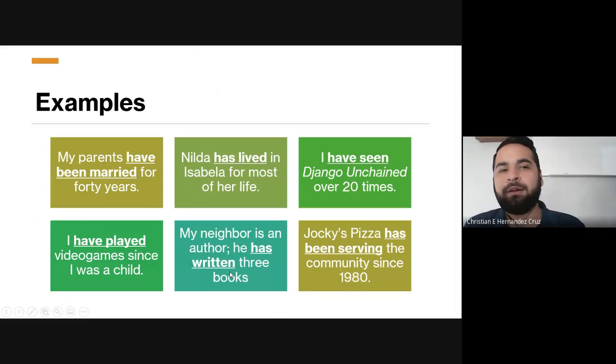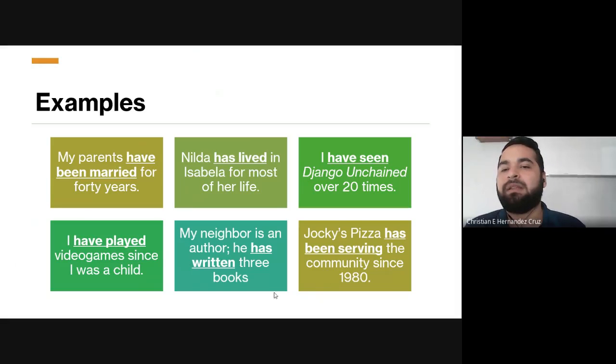Really, all of these main verbs are in their past participle form, but you can only tell when it's an irregular verb like this one. And finally, Joki's Pizza has been serving the community since 1980.